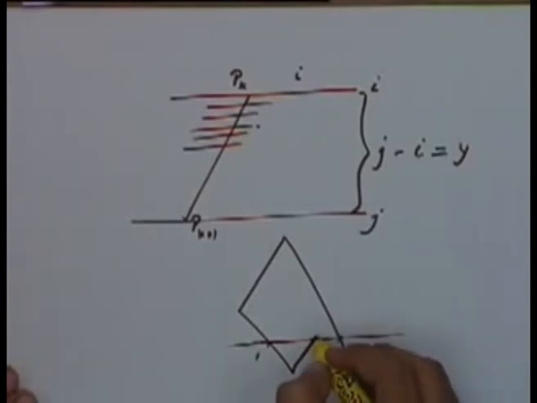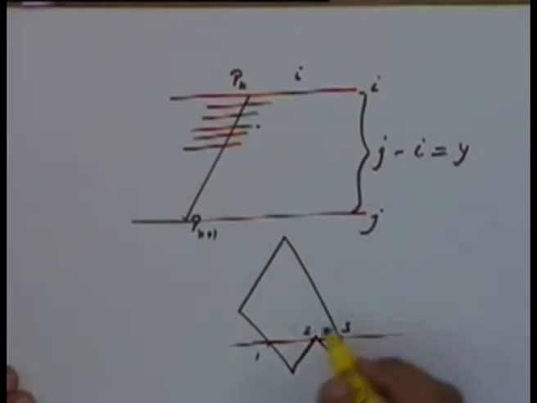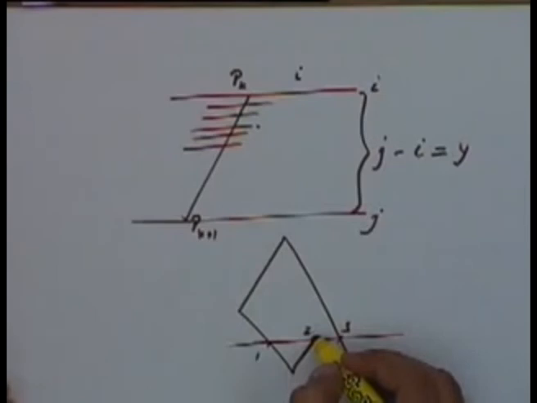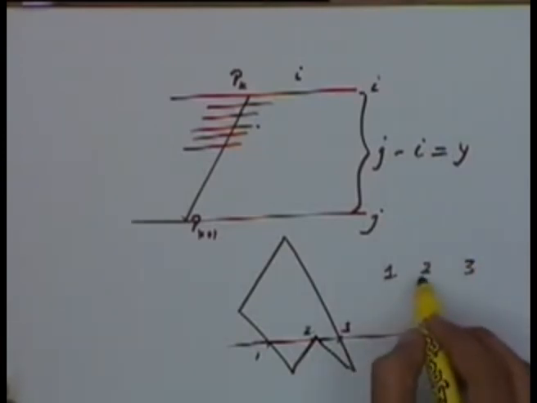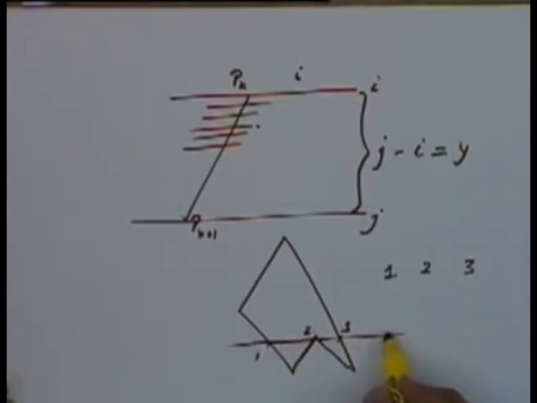The edges, both these edges, are just starting at this point. So we have an intersection over here. You can see the problem. If you consider this only as one intersection, then the list of intersections would be 1, 2 and 3. So all pixels between 1 and 2 will be highlighted, between 2 and 3 they will be off, and after 3 they will become on. So these pixels will become on and these pixels will become on. This is not what we want.